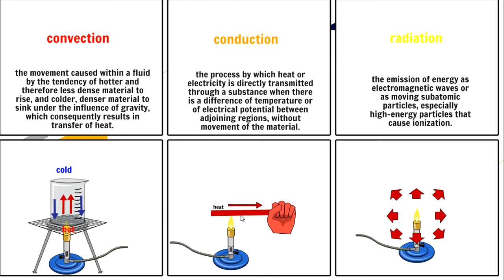Conductors are materials that absorb heat and distribute it throughout an object. Now, most metals are good conductors. Insulators are materials that absorb some heat but do not transfer it very well. So if you place your hand on a piece of wood, the area under your hand would warm, but the temperature of the rest of the wood would not change. This is why we say wood is a good insulator.